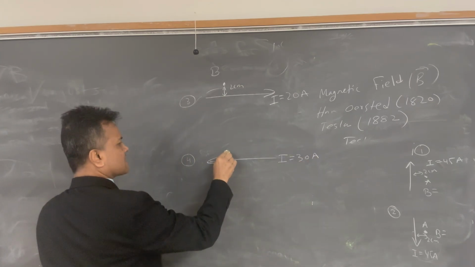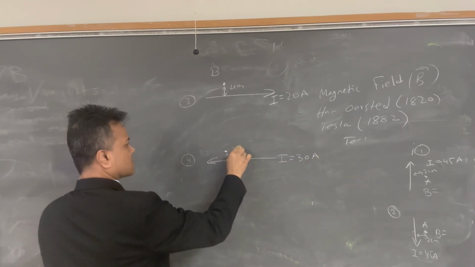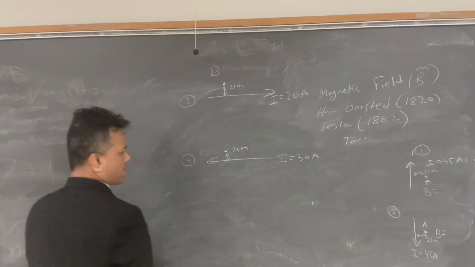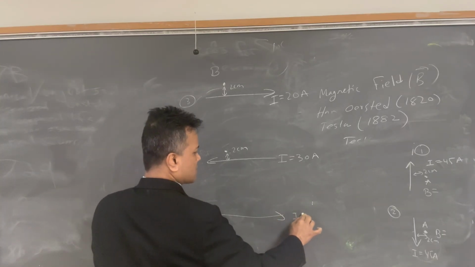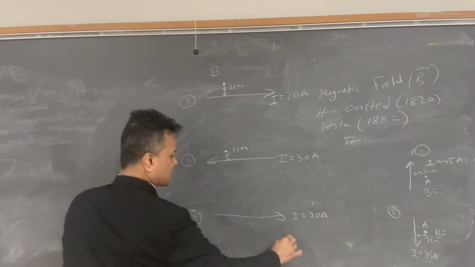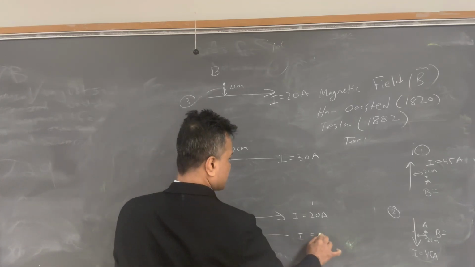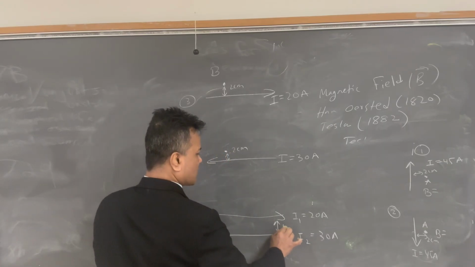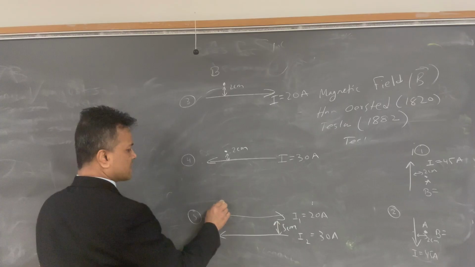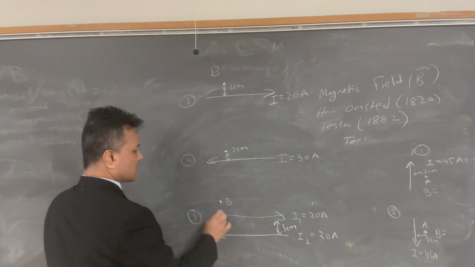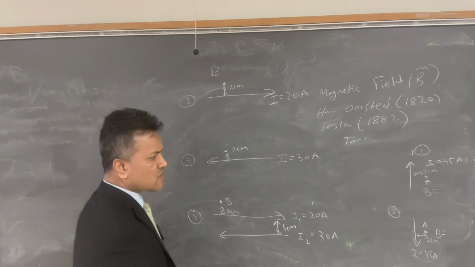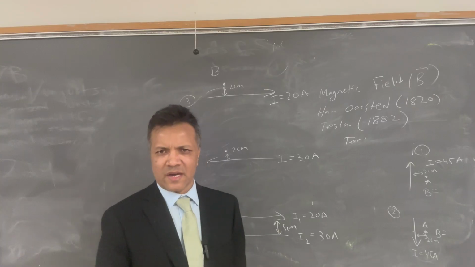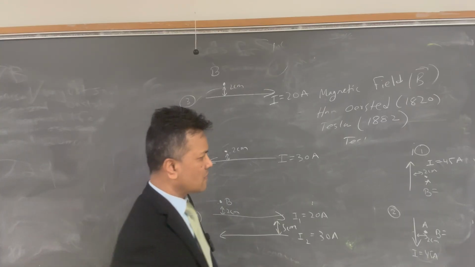Find the magnetic field 2 centimeters above the wire. And number 5: you have a current of 20 amps and another current of 30 amps, wires 1 and 2, with a distance of 5 centimeters between them. I want you to find the magnetic field over here, which is 2 centimeters above wire 1. You can pause the video and use the right-hand rule to find the answers for these 5 problems.